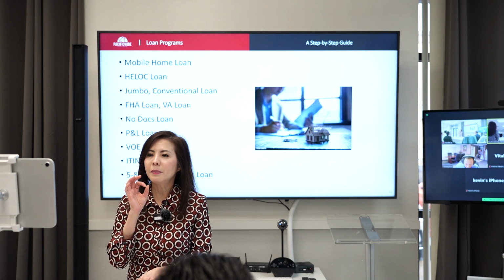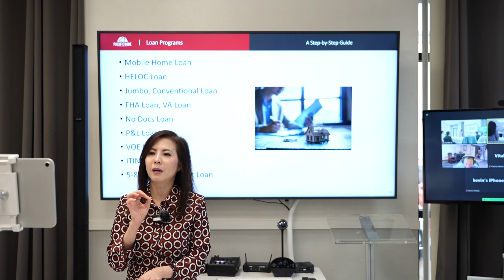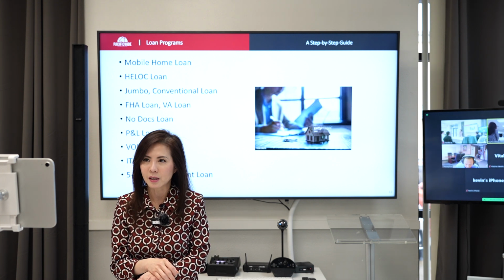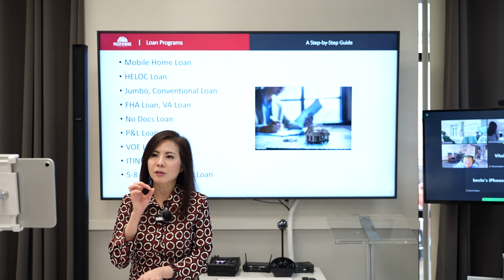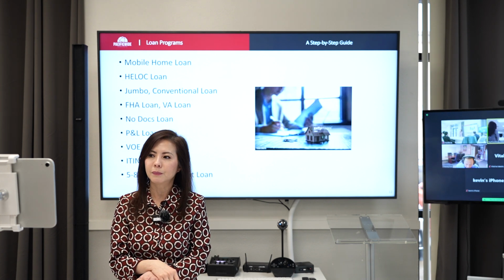So for a conforming conventional loan in Santa Clara County, the maximum loan amount is 726,000, with 3% down payment as the minimum.